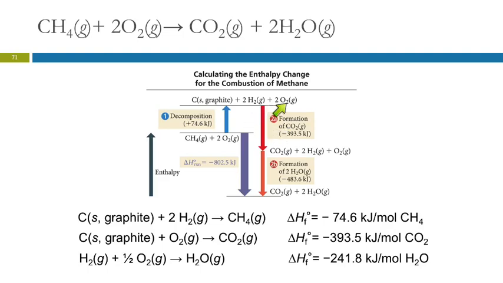That's going to take one of these oxygens and this carbon to make CO2. I look up the heat of formation for that. It's minus 393.5 kilojoules. And then I'm going to take what's left. I've got 2 moles of hydrogen and a mole of oxygen, and those can be combined to form 2 moles of water. Formation of 2 moles of water is the heat of formation of water times 2.